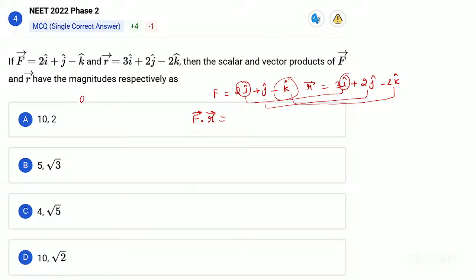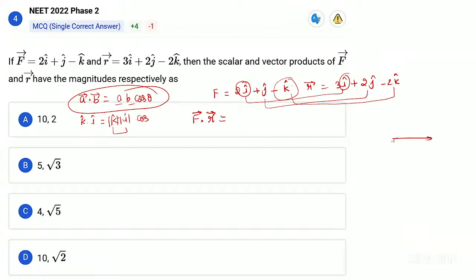We know that vector A dot vector B will become what? Vector A dot vector B will be AB cos theta. Okay, this A and B are the magnitudes. So if you place k vector dot i vector, then the magnitude of k cap, the magnitude of i cap, cos theta. Now k cap is the unit vector of z direction, i cap is the unit vector of x direction.